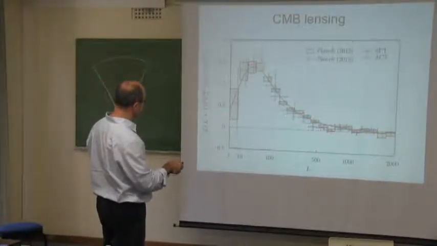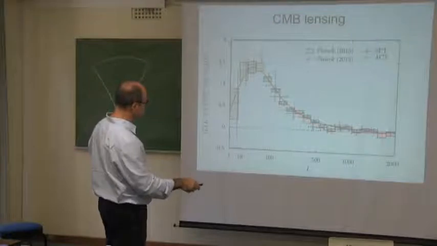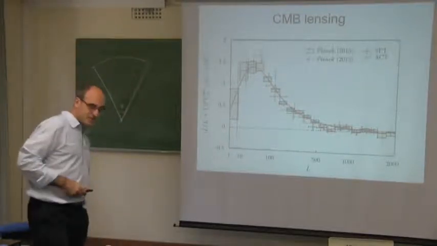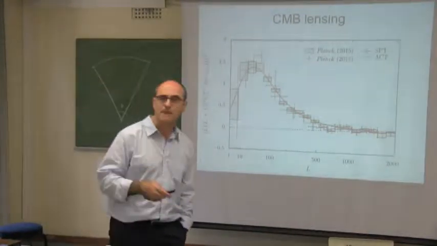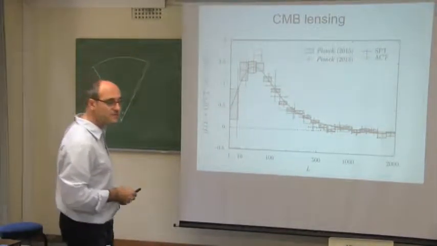The predictions of this curve, and this is the data point from Planck 13 and 15. So it's a detection to the level, I think it's 50 sigma or so. So now we know that indeed CMB lensing has been observed.